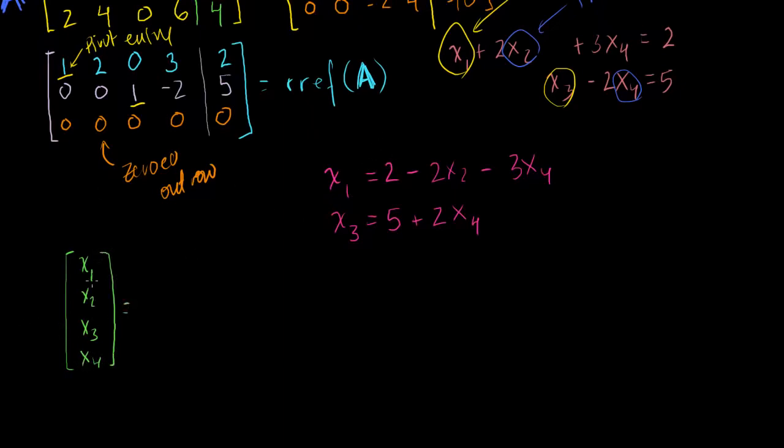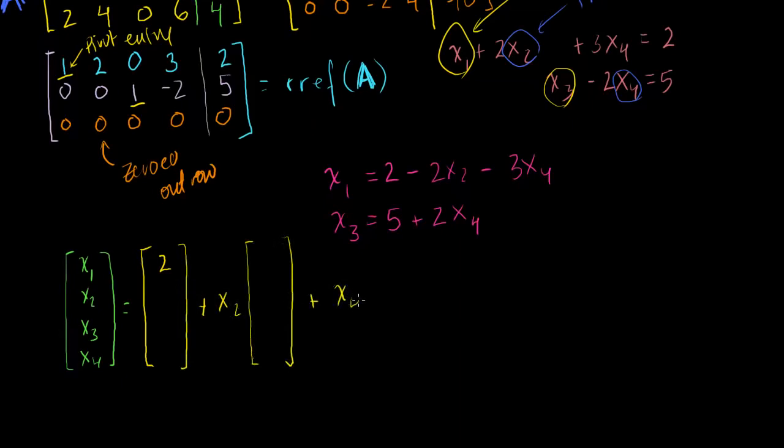Well, it's equal to, let me write it like this. I'm just essentially rewriting this solution set in vector form. So x1 is equal to 2, let me write a little column there, plus x2 times something, plus x4 times something.